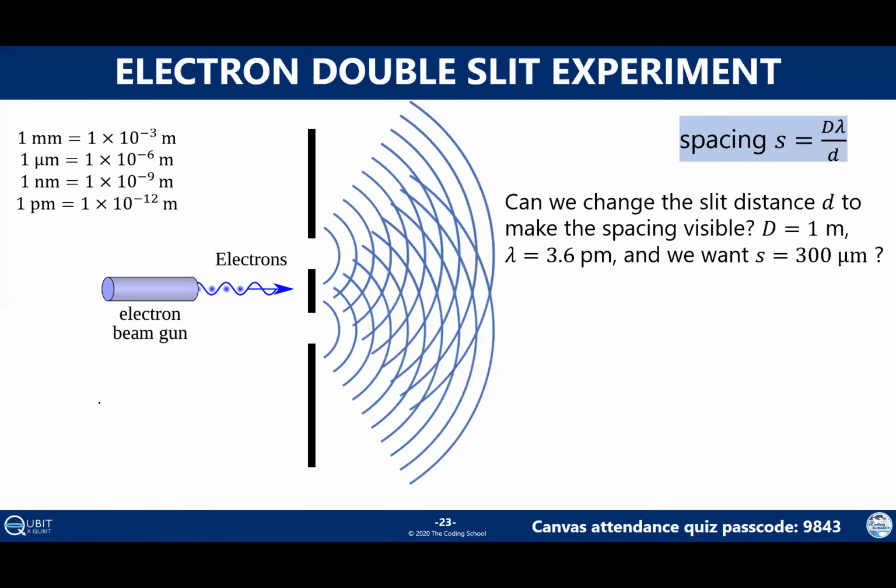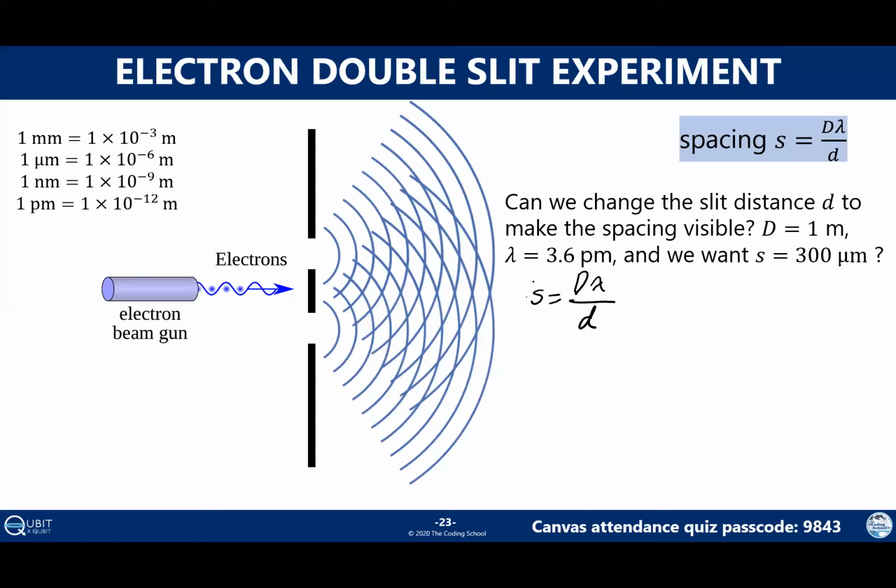So let's flip this question around and ask, what spacing between the slits would we need to be able to see the interference pattern? We'll use this number, 300 micrometers, as the standard definition of the eye, and we'll use the same formula. We just need to rearrange it now. Now we have a target spacing.